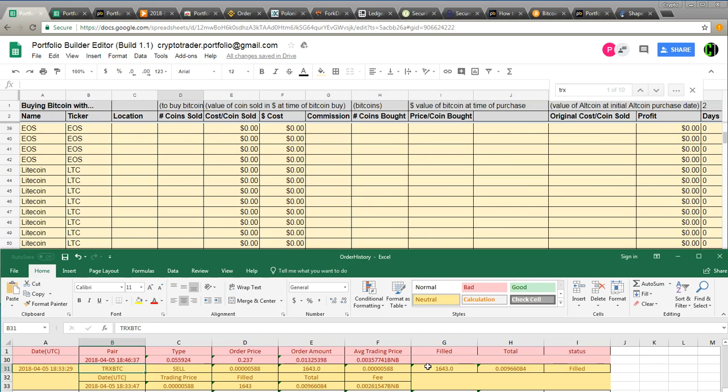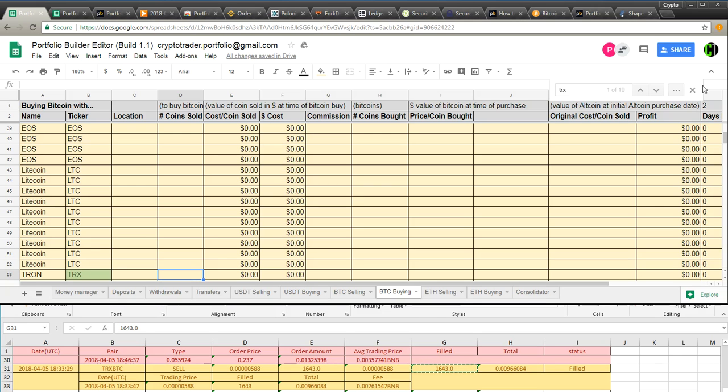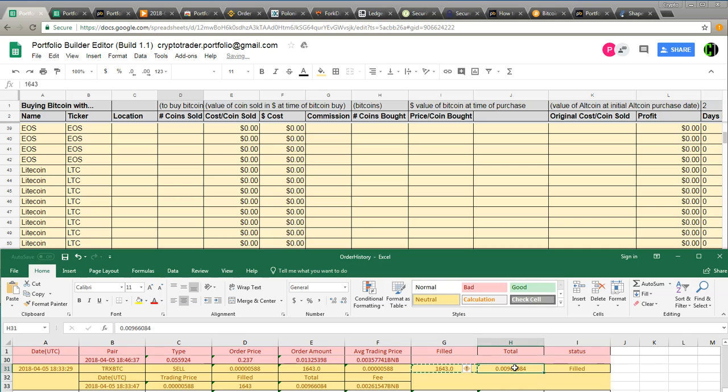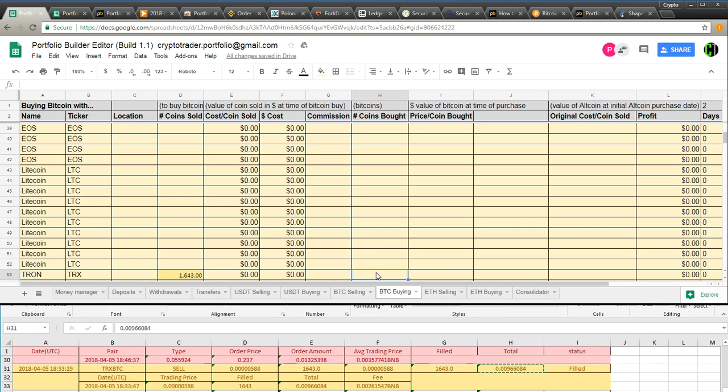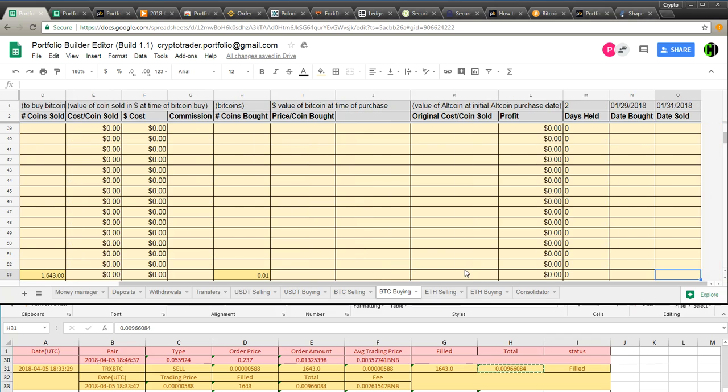Number of coins sold would be this figure. Number of coins purchased goes to this figure. And then the date sold goes right there.